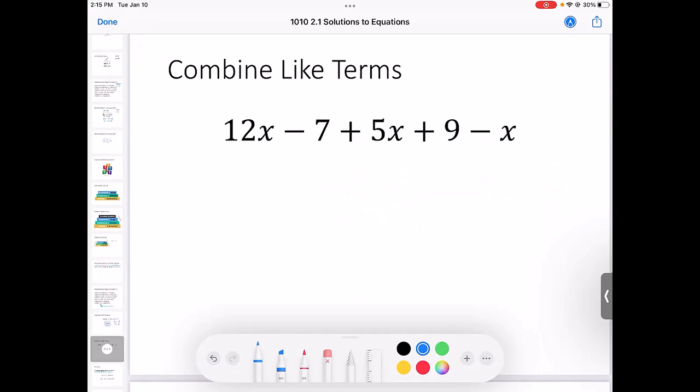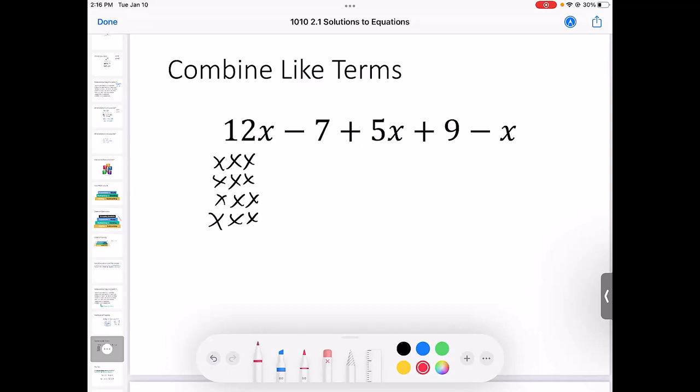So if I was to visualize this expression, I'd say, okay, I have 12 x's. I probably should have chosen a smaller number, so I don't have to write as many. But I would have 12 x's, and then I'm subtracting 7. Whenever you see subtraction, you can also think about it as being 7 negatives. So you can either think about it as taking away 7, or as having a debt of 7.